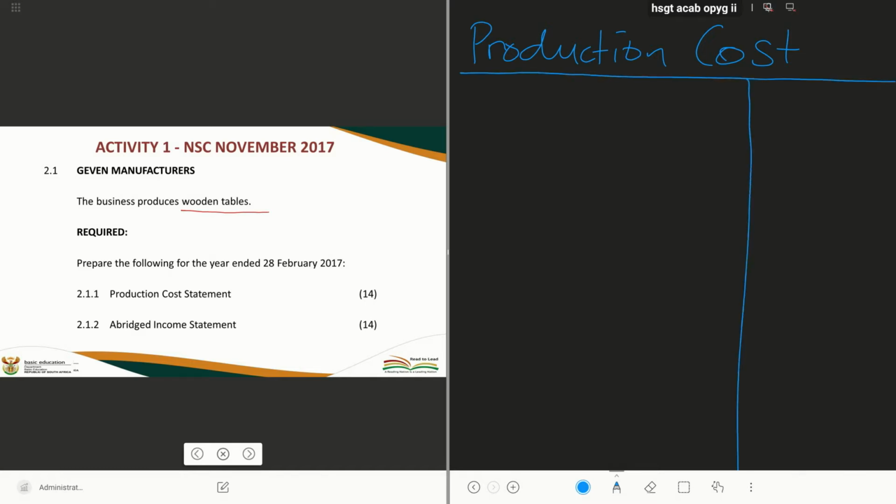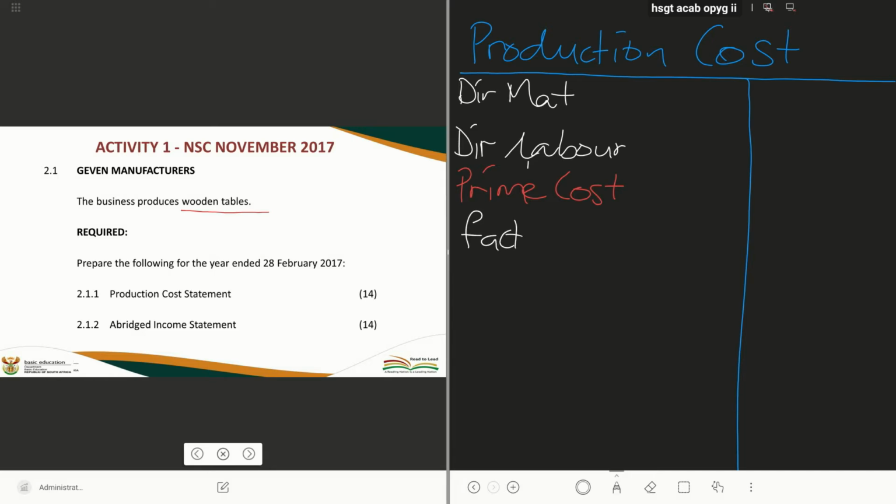Remember our format for the production cost statement? We said it is our direct material plus your direct labor. You will get your prime cost. Then we must add our factory overheads.